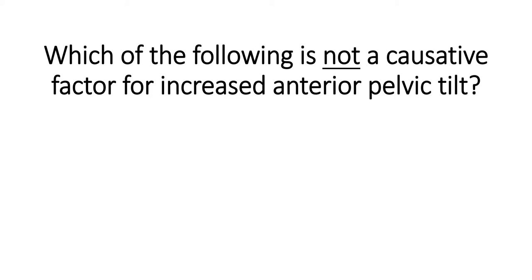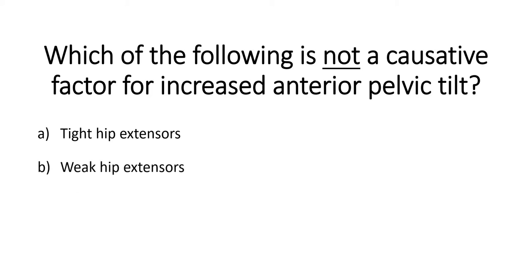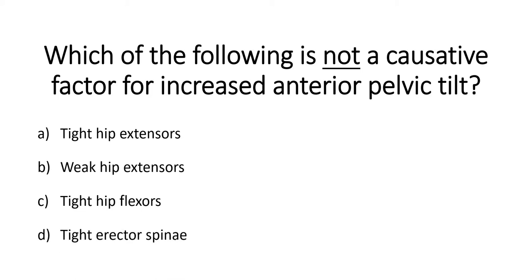Is it A, tight hip extensors, B, weak hip extensors, C, tight hip flexors, D, tight erector spinae? So which one of those is not linked with increased anterior pelvic tilt?